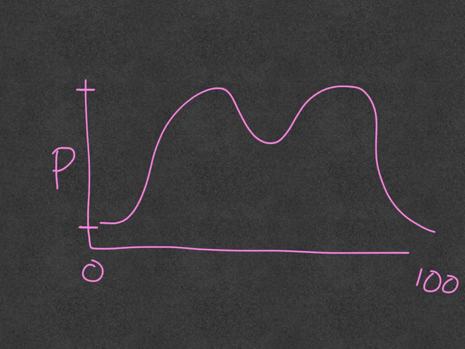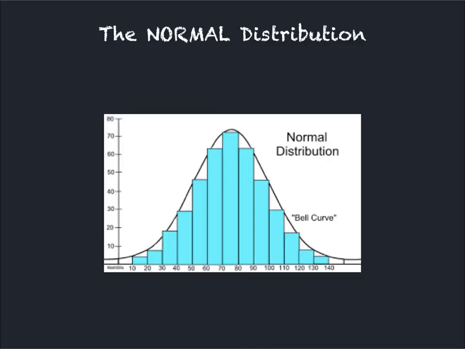Like I said, there are lots of different ways that these can look, but today we're talking about one specific shape of a data distribution curve, and that would be the normal distribution. When you have normally distributed data, and that word is very important, by the way, it's always going to have this nice symmetrical shape to it.